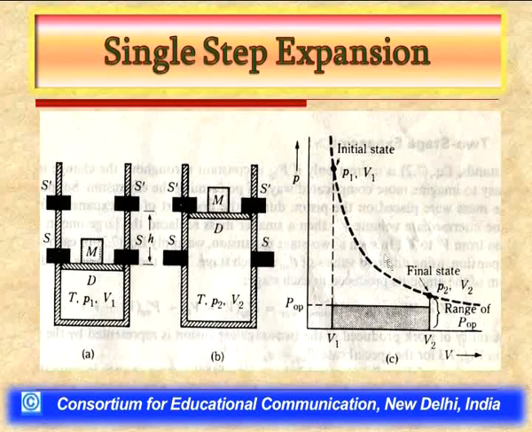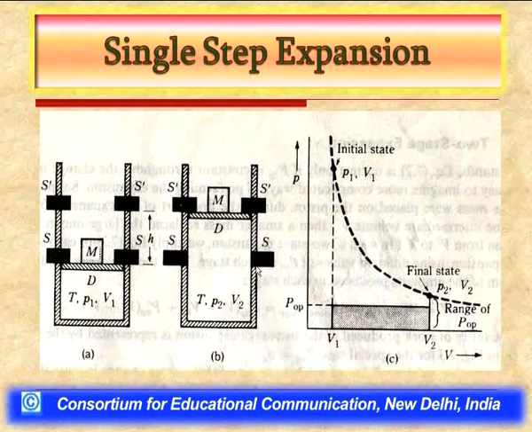Over here you can see in the figure, this dotted curve represents both the initial state, P1 V1, the pressure and volume of the initial state, and it also illustrates the pressure of the final state P2 as well as the volume of the final state V2. We can see there are a number of points on the dotted line. This is how it shows how the pressure as well as the volume are varying.